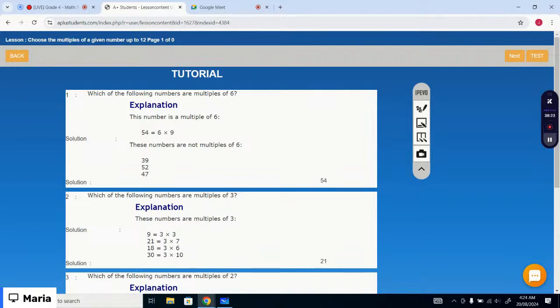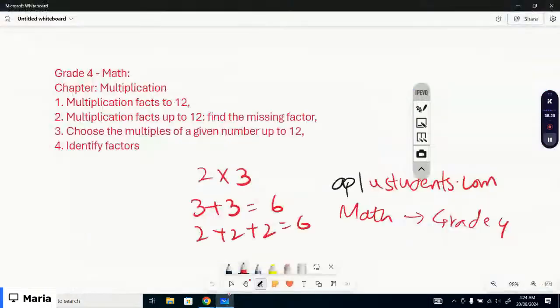For example, 2 times 3 is 6, right? So 2 and 3 are the factors of 6. When you multiply them, they make 6.